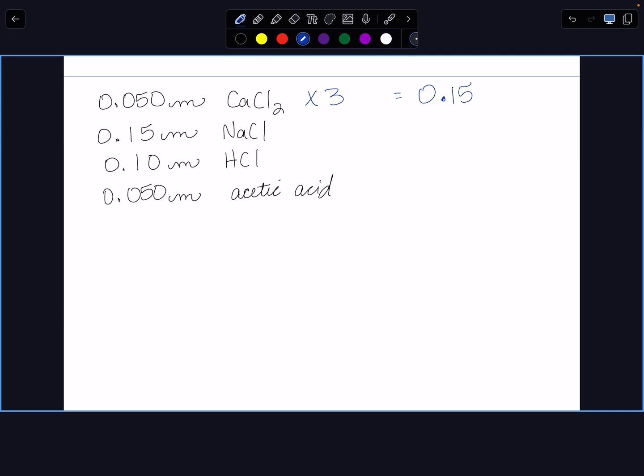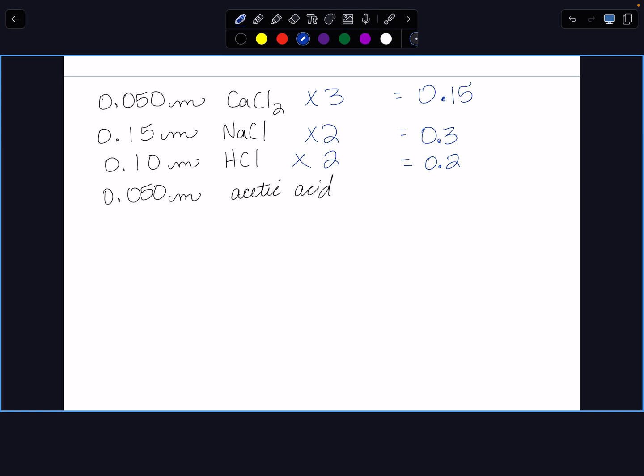What's the Van 't Hoff of sodium chloride? 2. 0.15 times 2 is 0.3. What's the Van 't Hoff of hydrochloric acid? That's 2 because it's a strong acid. 0.1 times 2 is 0.2.